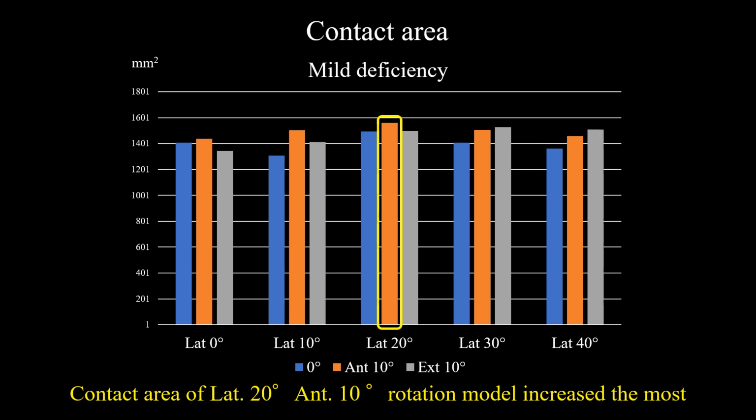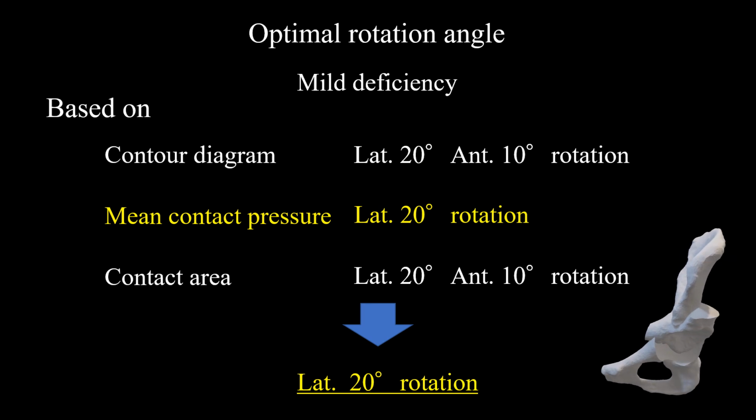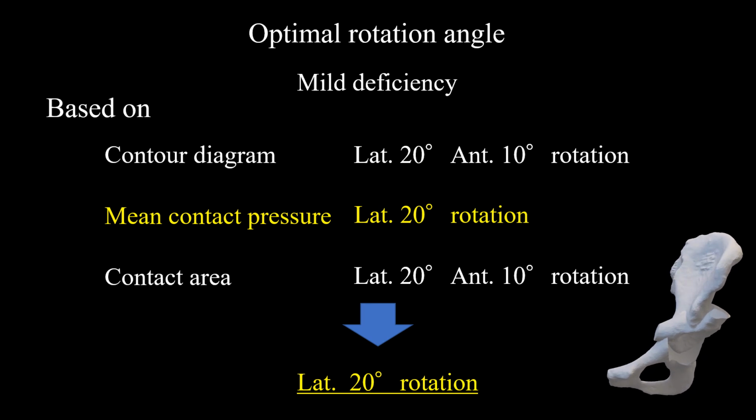This is the contact area of mild deficiency. Contact area of lateral 20 degrees, anterior 10 degrees rotation model increased the most. Optimal rotation angle of mild deficiency based on mean contact pressure was lateral 20 degrees rotation.